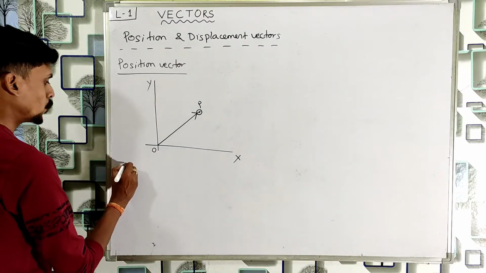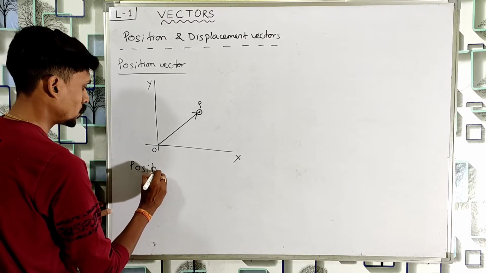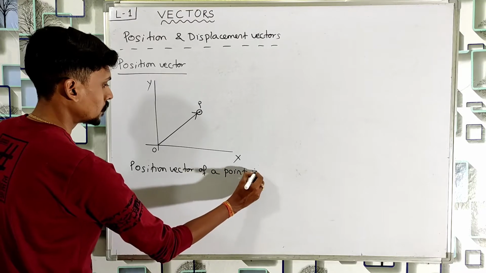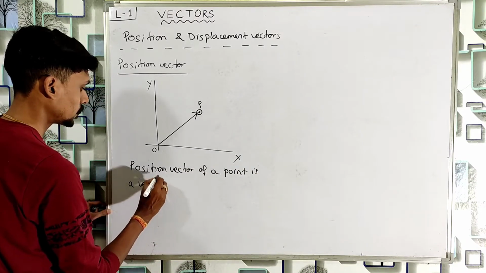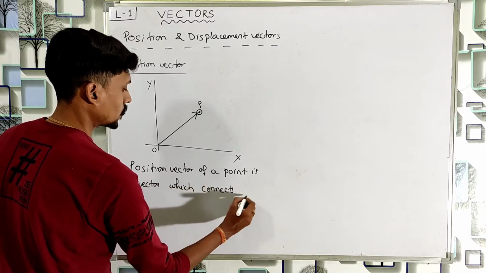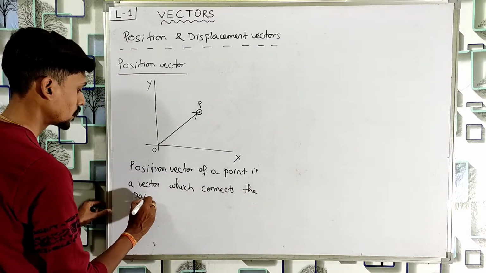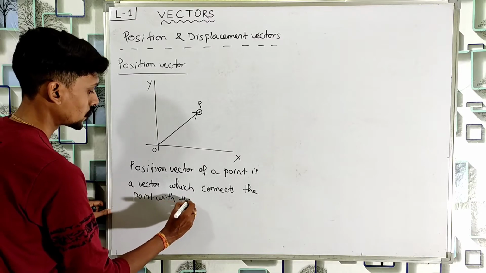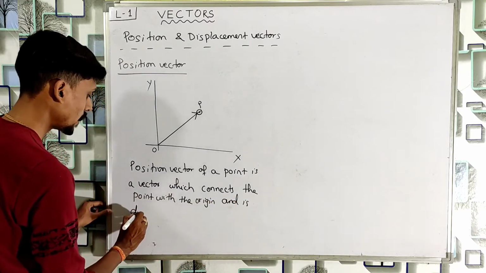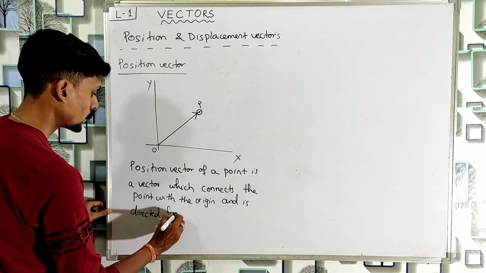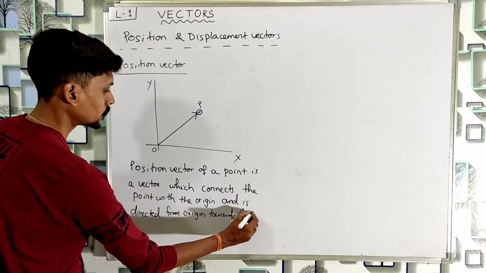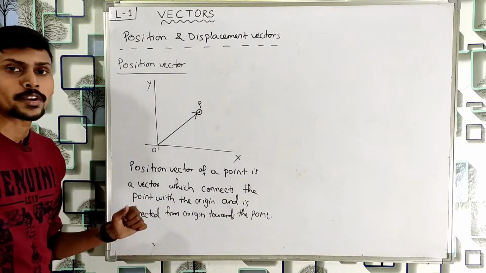So let me write here: position vector of a point is a vector which connects the point with the origin and is directed from origin towards the point. This is the meaning of position vector.